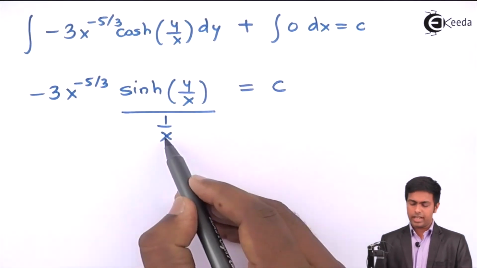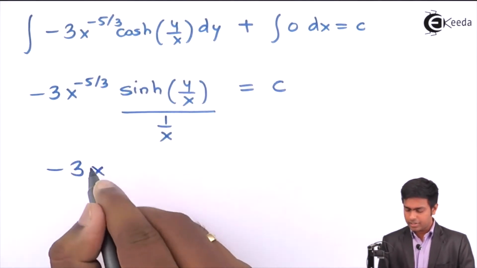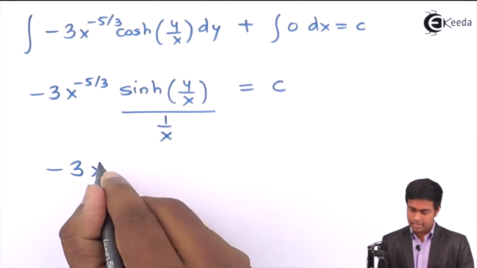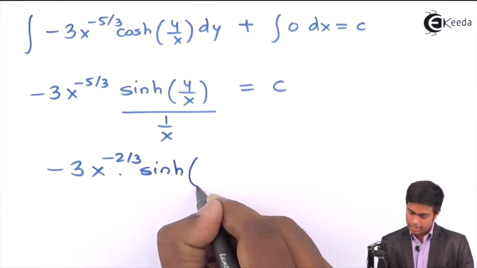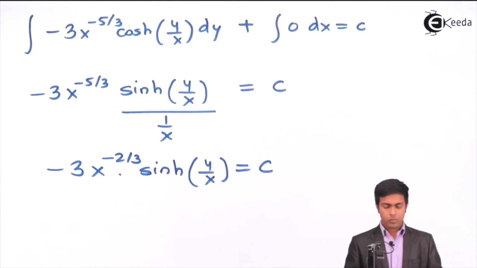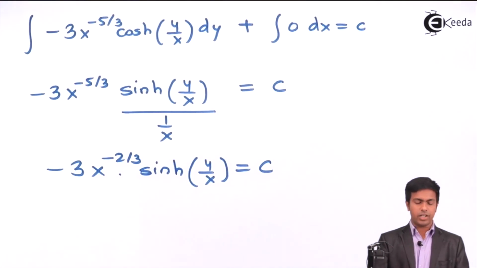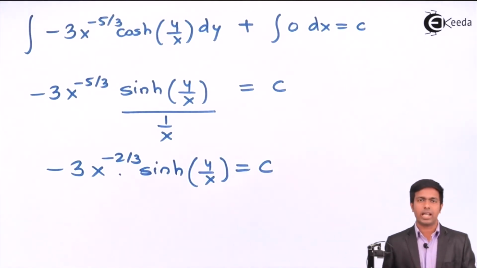Now this x will go in the numerator, that will become minus 3 x raised to minus 5 by 3 plus 1, and that will become minus 3 x raised to minus 2 by 3 into sinh(y/x) equal to c. So guys, this is the solution of the given differential equation, and we got this solution by reducing the given differential equation to exact.